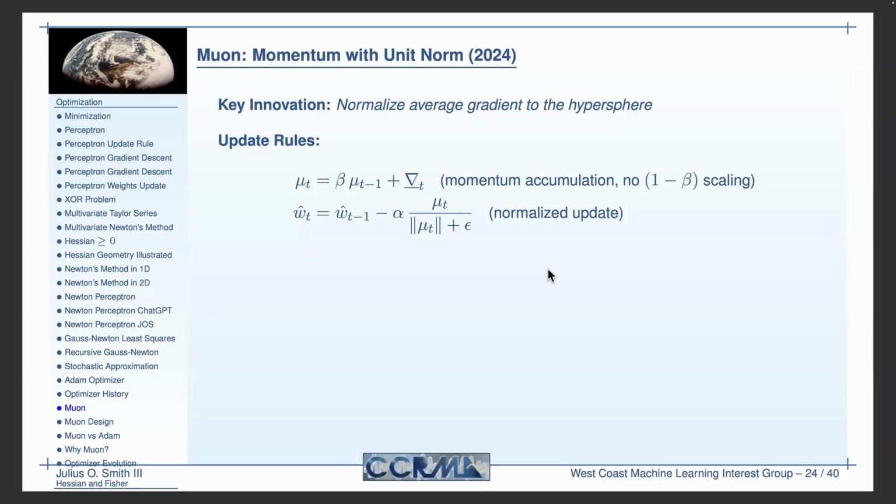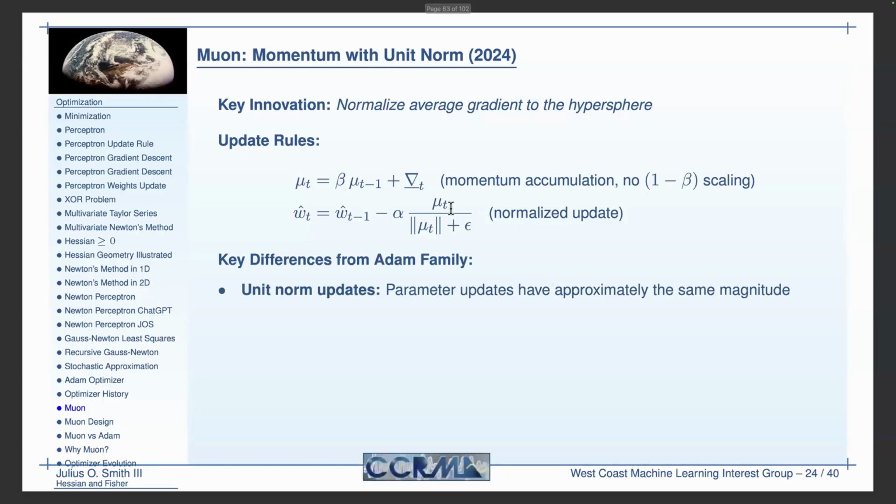So the key innovation is to normalize the average gradient to the hypersphere. So here it is. And what's the difference from Adam? This is no longer component-wise. This is the whole gradient. So we're going to have some way to estimate the norm of the whole gradient. And as we talked about last week, that's expensive. It's an operation that goes across all the weights.